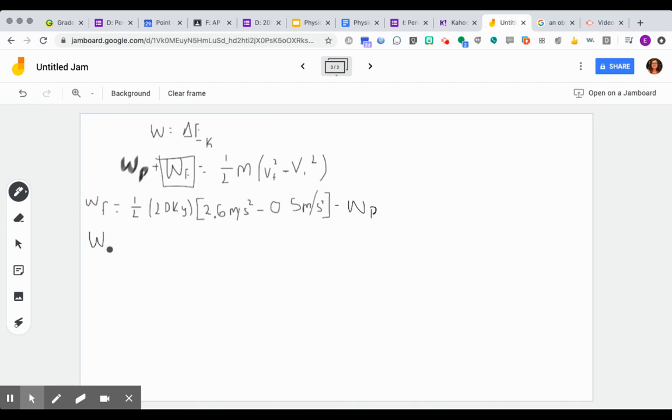We know that work is equal to the force times the displacement, okay, and they have to be in the same direction, meaning parallel to each other. So I'm going to simplify this expression first and then plug in for the identity of work due to the applied force. So I'm going to take 0.5 times 20. I'm going to multiply that by 2.6 squared minus 0.5 squared. I get 65.1.